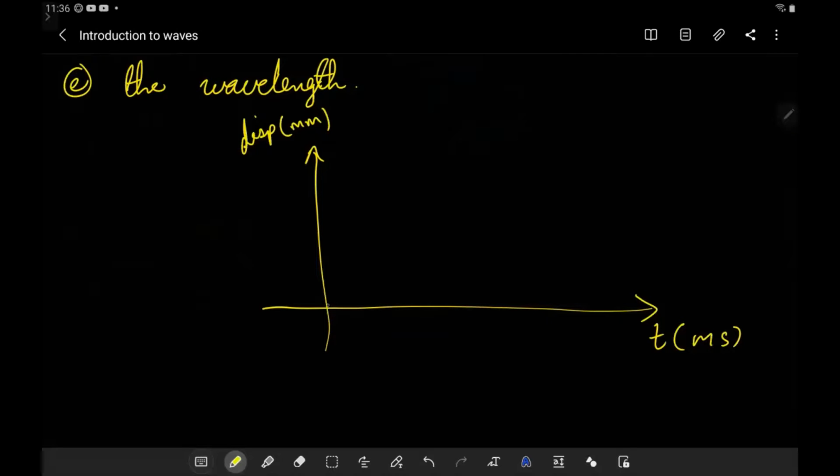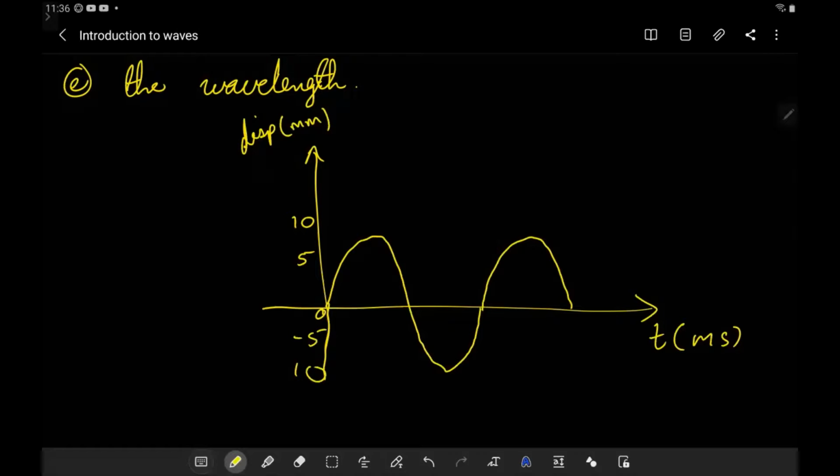And we have our graph looking like this, with 10, 5, 0, -5, -10 on the displacement axis, and 100, 200, and 300 on the time axis.